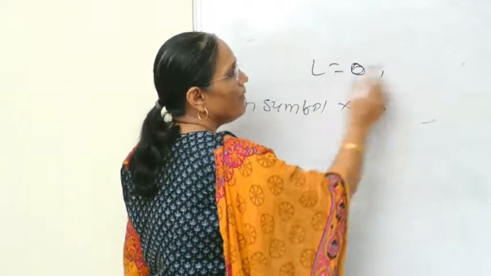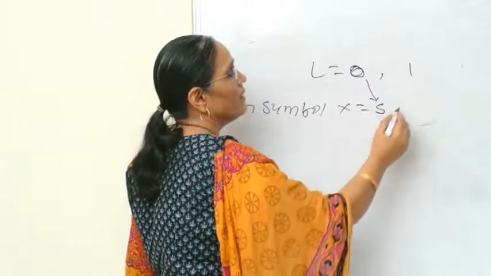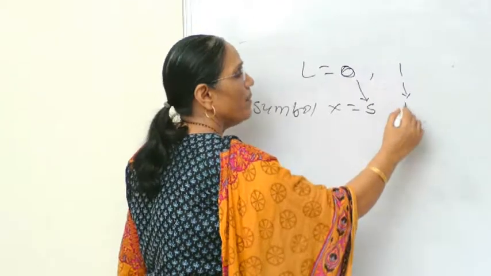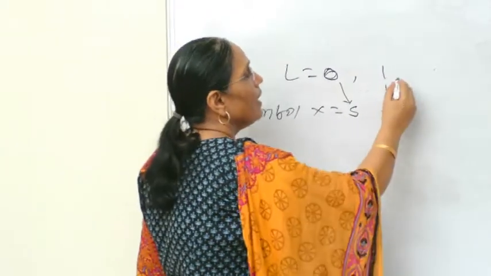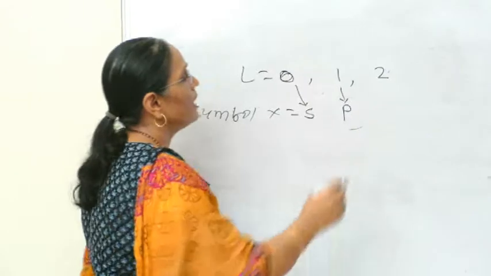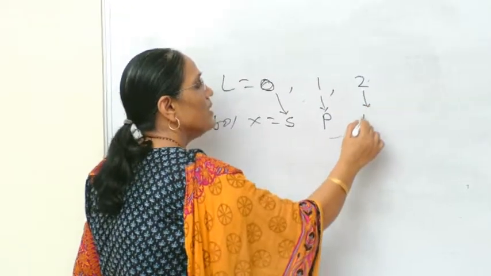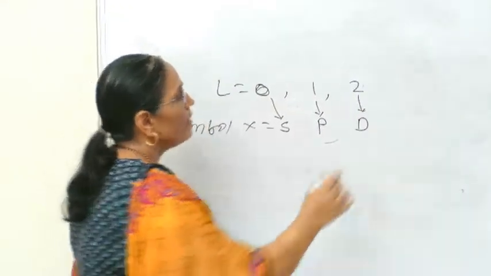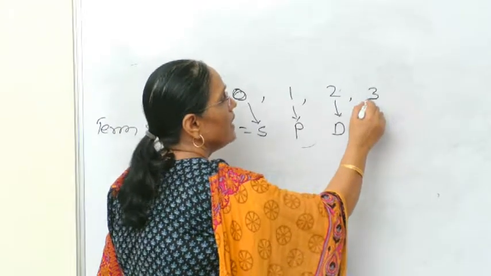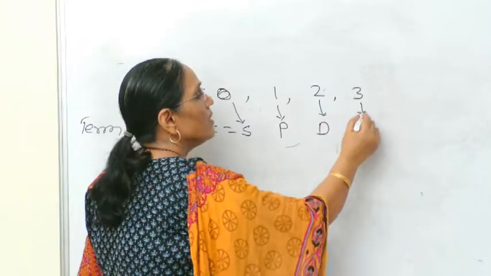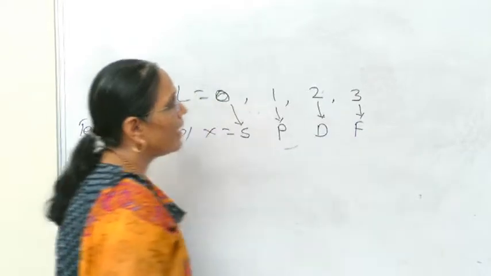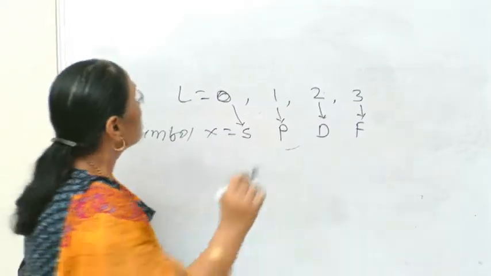When the L value is 1, the term symbol will be capital P. When the L value is 2, the term symbol is capital D. When the L value is 3, the term symbol is capital F, like orbitals have small letters.